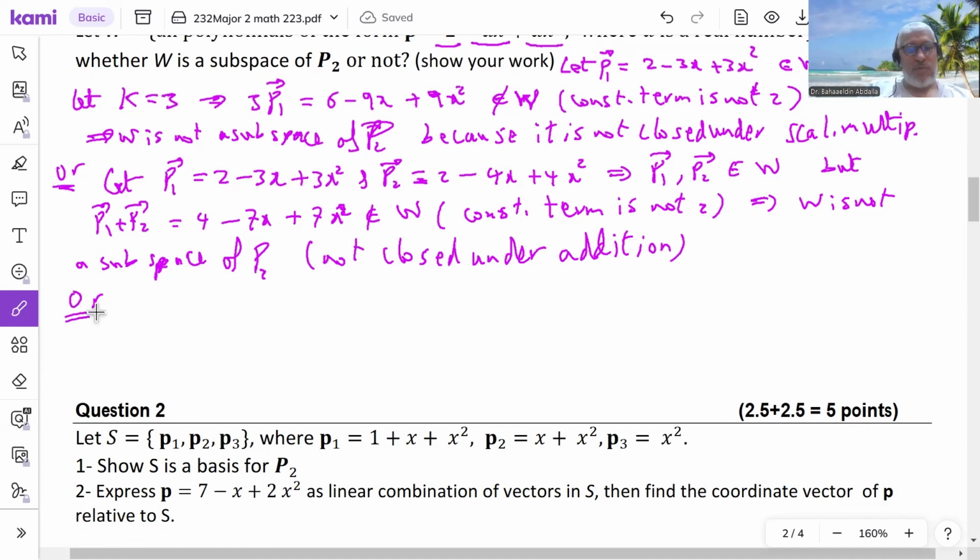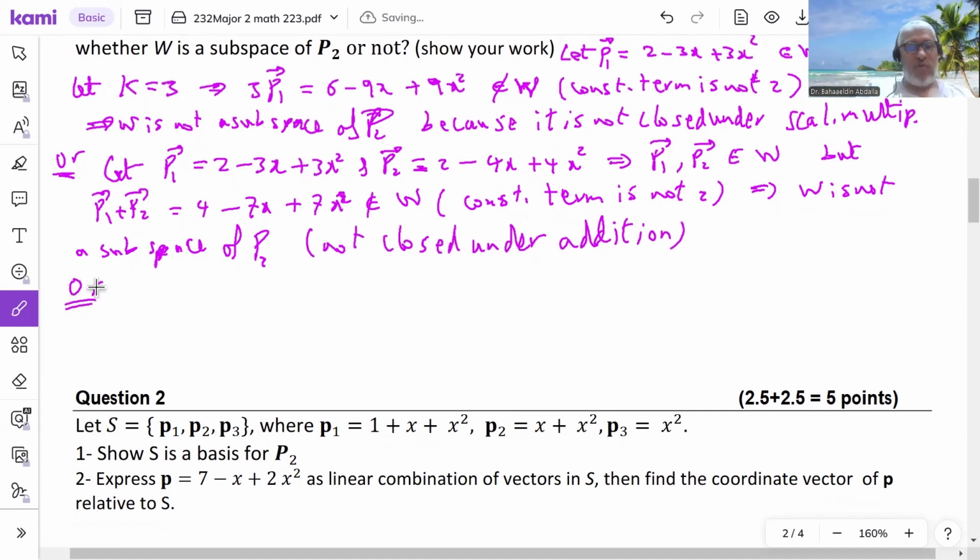Or a third way to prove that it's not a subspace: take the 0 element in P2, which is 0 plus 0 times x plus 0 times x squared. This is the 0 in P2.